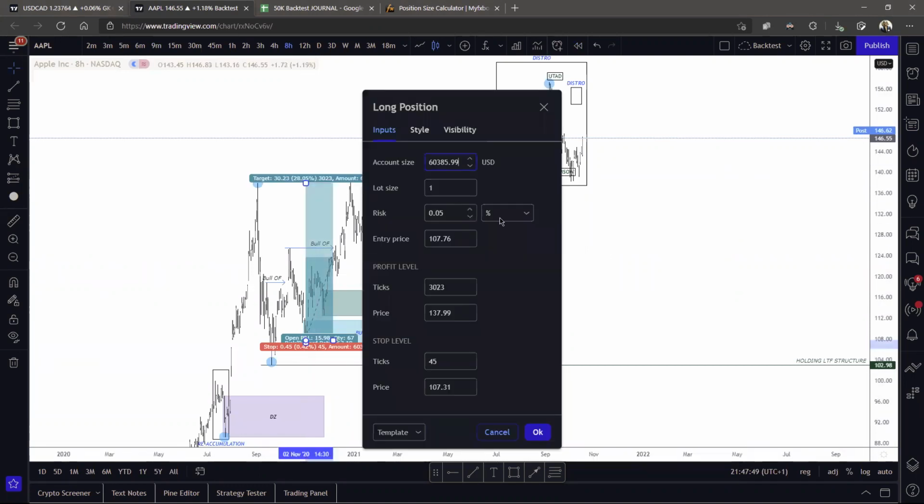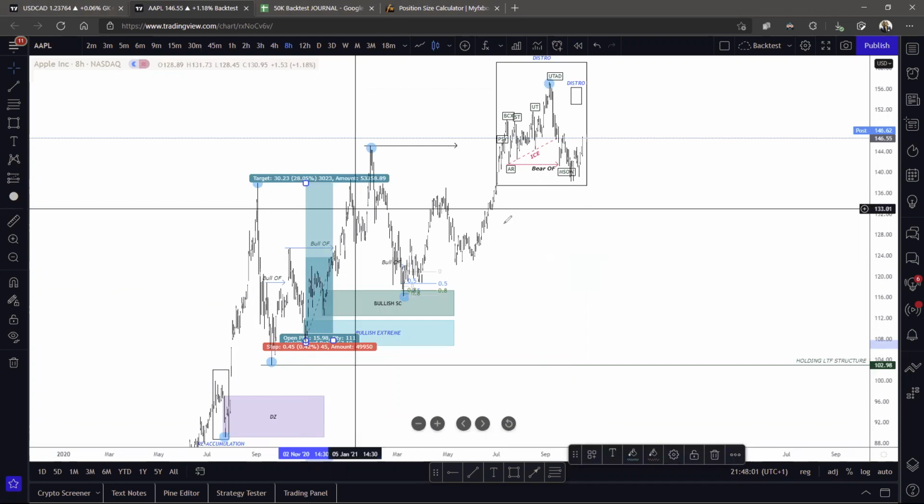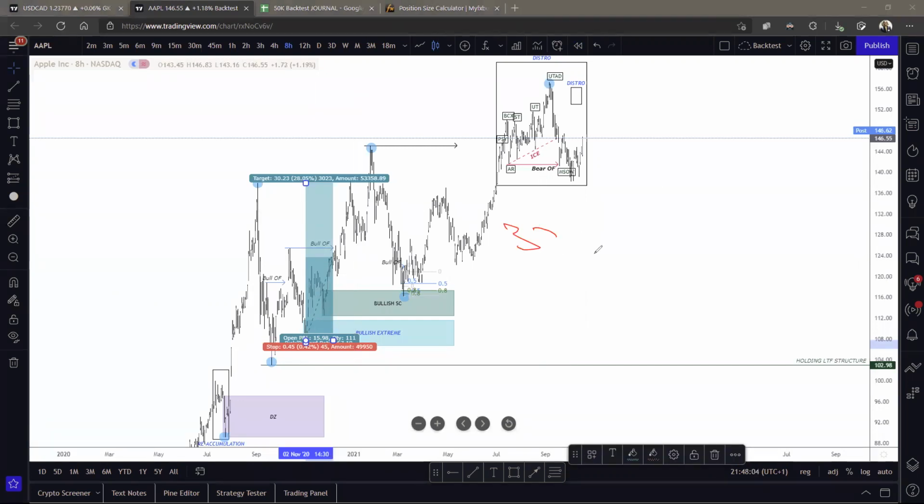Even if it was to, I don't know, risk $50, let's just say, right? I don't know, 50K account. That $50 would have gone into that 3,358. So that's not bad.